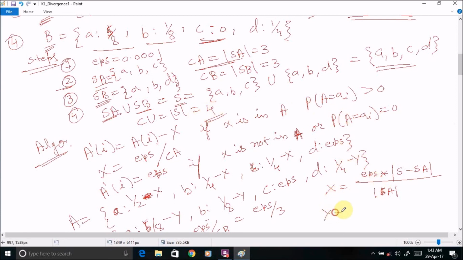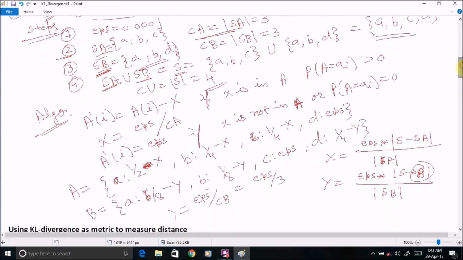Similarly, y can be computed as EPS into S minus SB divided by mod SB. Here SB is, as already discussed, the set of events which exist in the probability distribution B, or we can also say the set of events for which the probabilistic score is greater than 0.